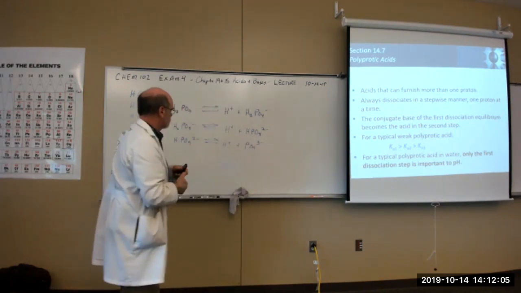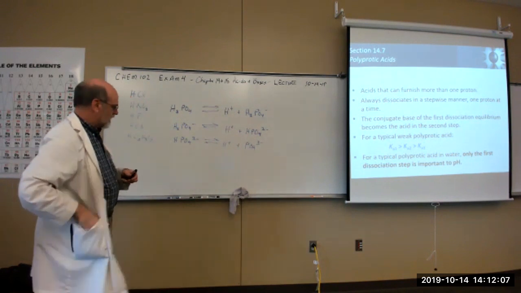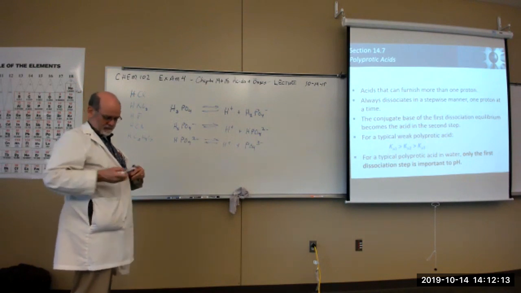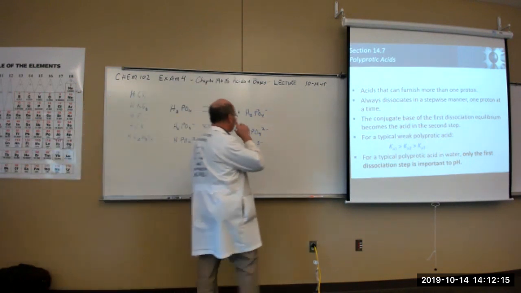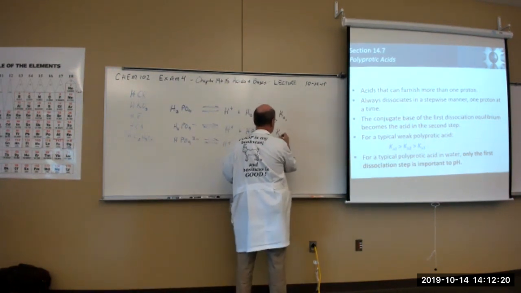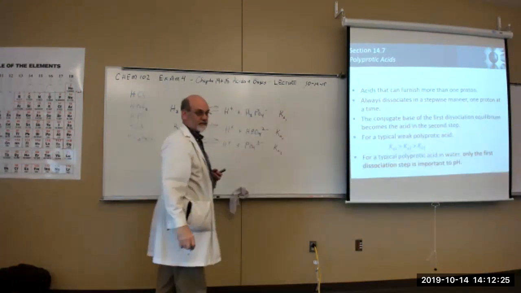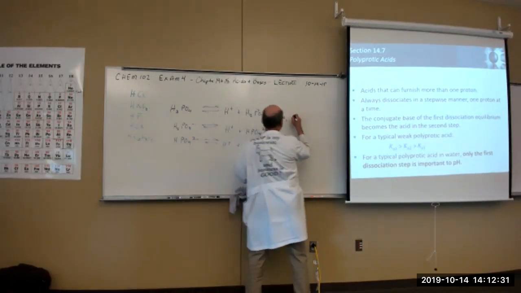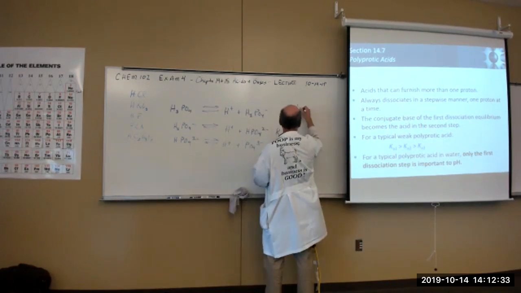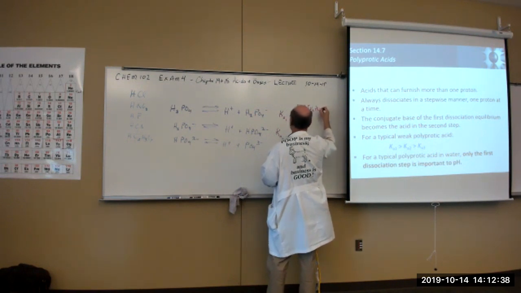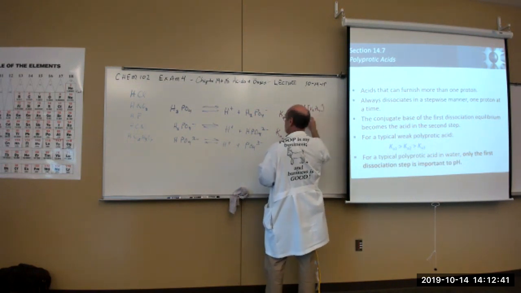Now, each one of these reactions has its own Ka. So we have to say this one's Ka1, this one's Ka2, this one's Ka3. Okay? So this one would be that times that divided by that.